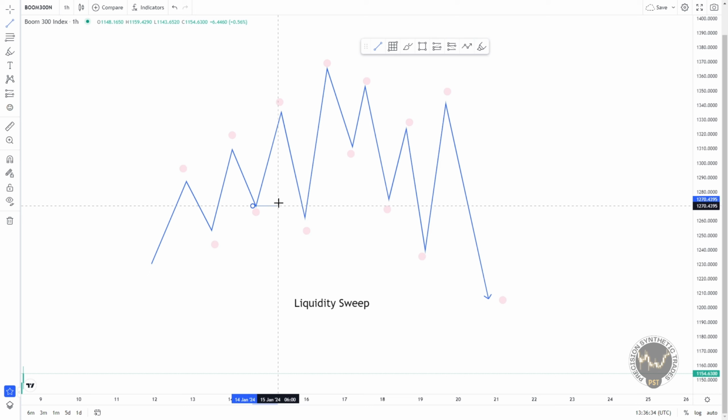This low is taken out, and we are in an uptrend. So instead of retracing till here, for example, and going down, we continue to push up. High, low, high, low, high, low. Then again we broke this high, and then we came down again. This we call a liquidity sweep.